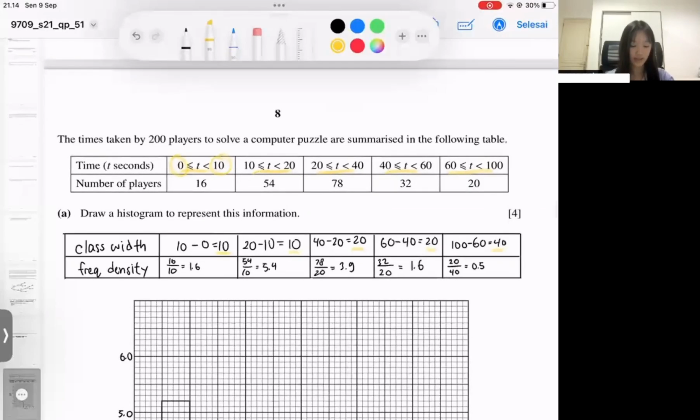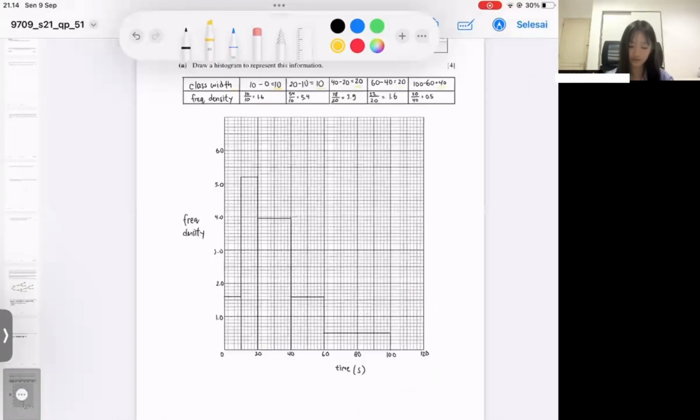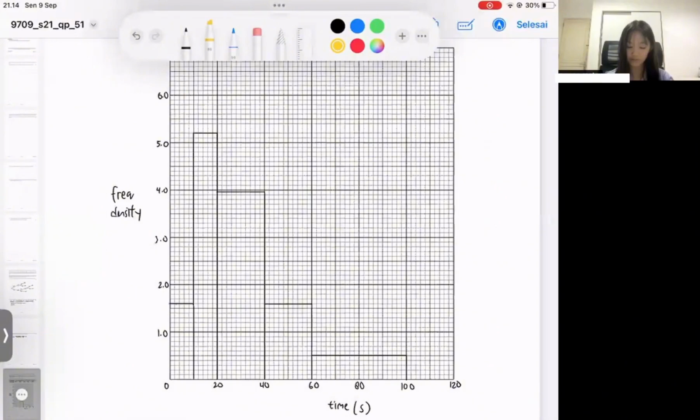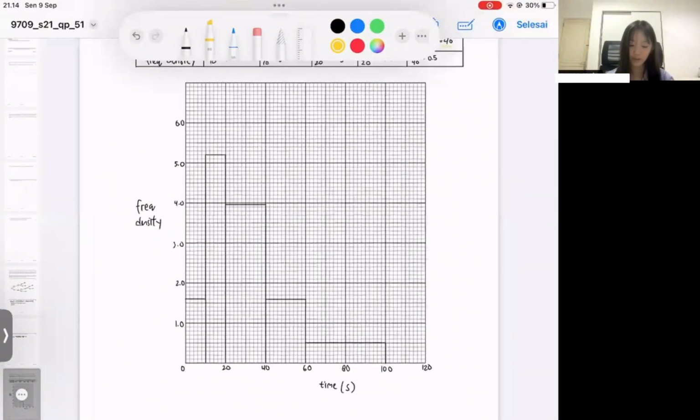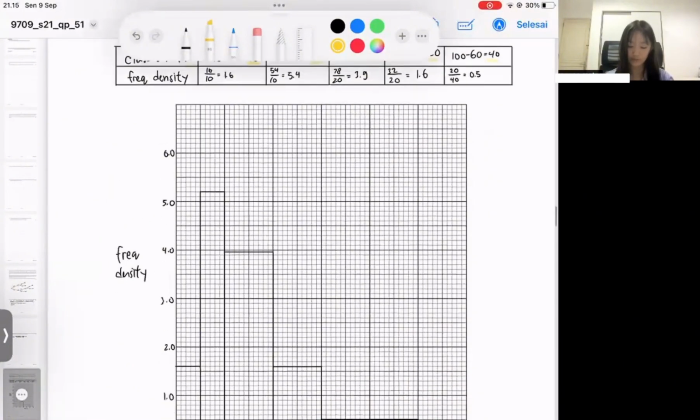Frequency density is just the frequency, or number of players, divided by the class width. So 16 divided by 10 is 1.6, 54 divided by 10 is 5.4, and so on and so forth. Now we just need to construct the graph and put our values together, which will become like this.